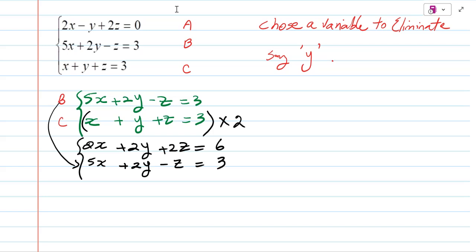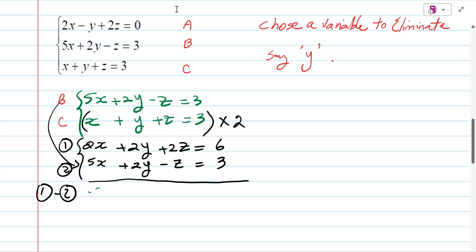Now we have this system. We're going to subtract equation 2 away from equation 1. What do we get? We have 2x minus 5x, that's minus 3x. 2y minus 2y is 0, so we're not going to write it.